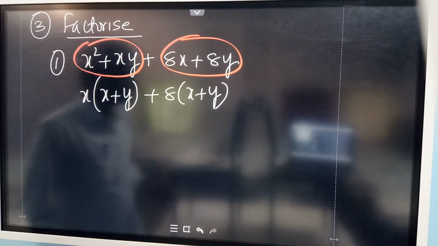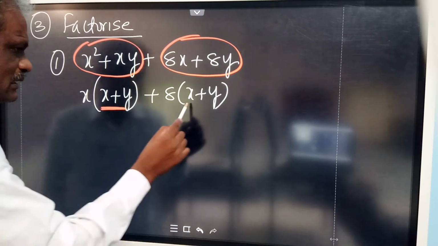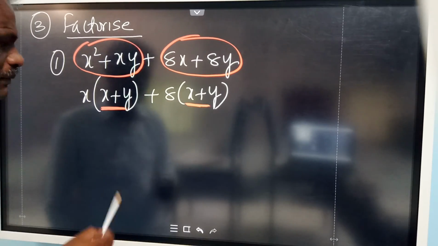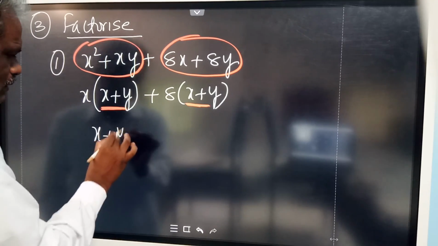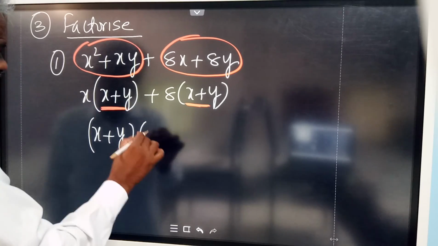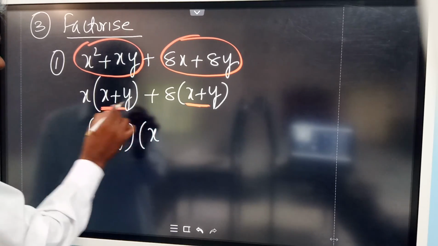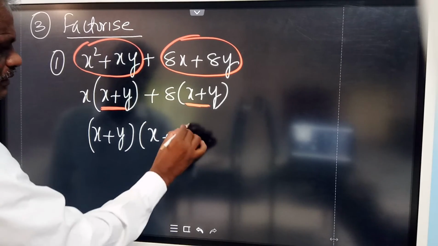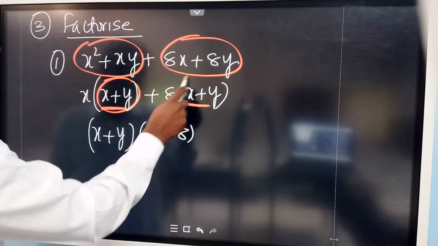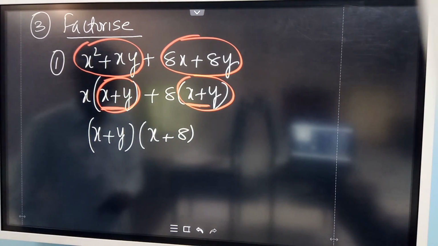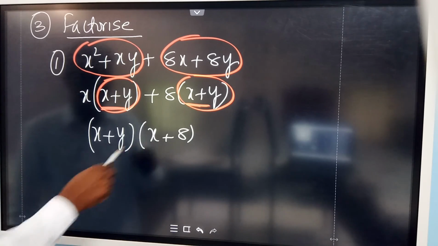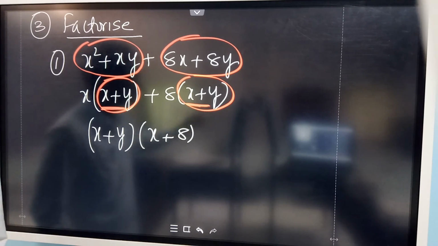Now if you take common, you should get the same answer. Again x plus y is common. Take x plus y common. What will be left in the first one? x, plus here 8. So your answer is x plus y into x plus 8.